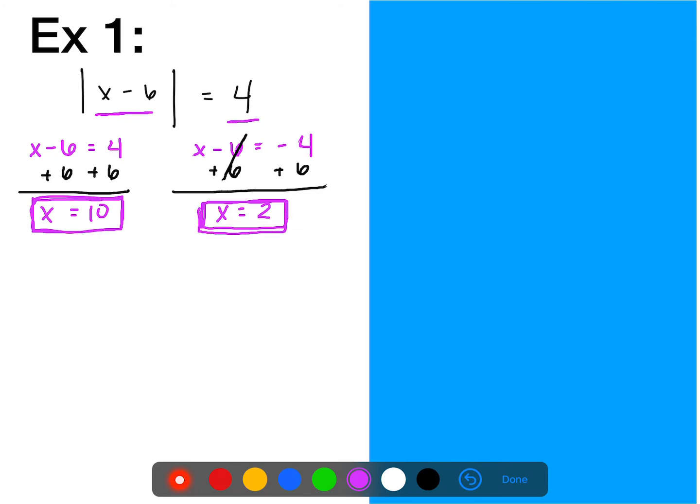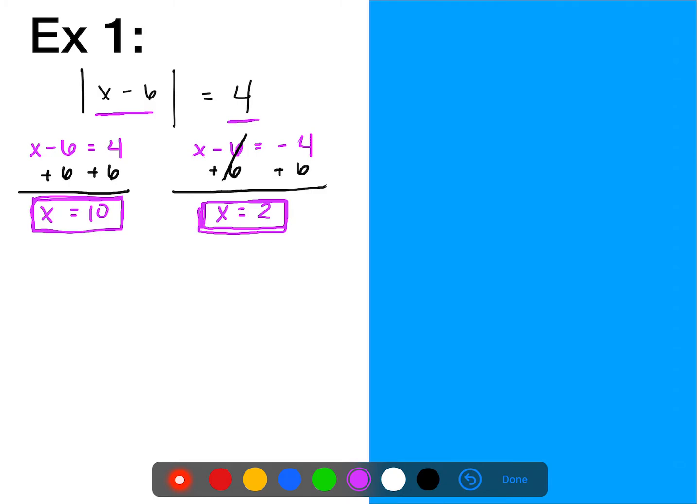So I'm going to have more than one answer now, because I'm solving more than one equation. So you're still using all your same steps from solving all your other equations. The only difference is we've got to write two separate equations, one for the positive answer, one for the negative answer. And both of them are right? Yep, and both of them are right. They're both solutions to the equation.